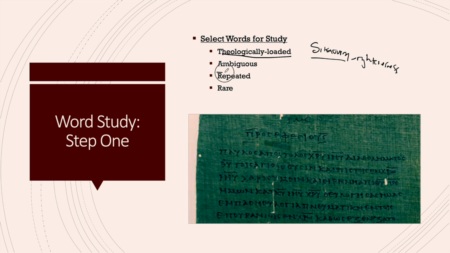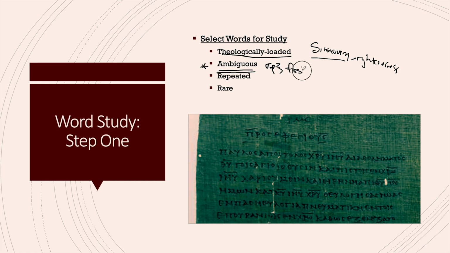We want to look at ambiguous words. We might look at a word and the meaning itself is ambiguous. And how do you know that? Well, when you're studying the Greek text, take a look at English translations of your Greek text. And if there's a wide variance in how they handle a particular Greek word, then you're going to have to try to figure this out. So for instance, this is the word for flesh.